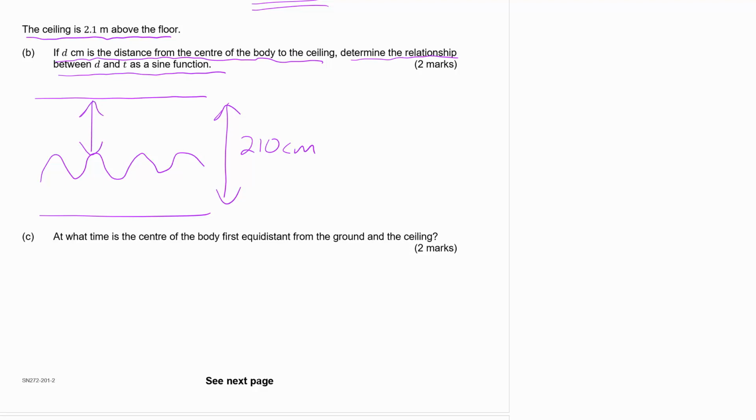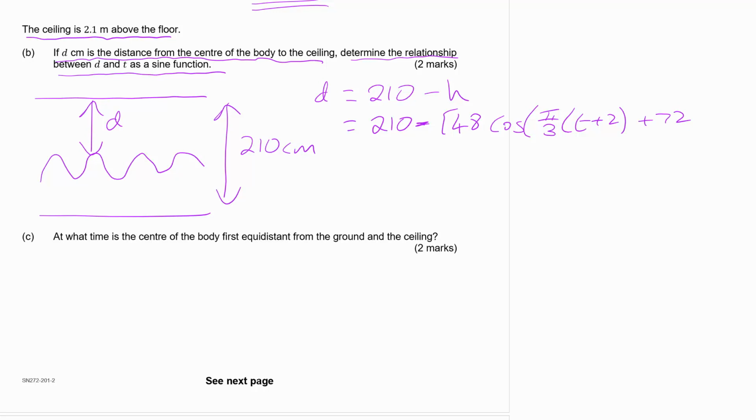So this distance here is going to be 210 take away h. So that's 210 take away 48 cos(pi by 3 t plus 2) plus 72.